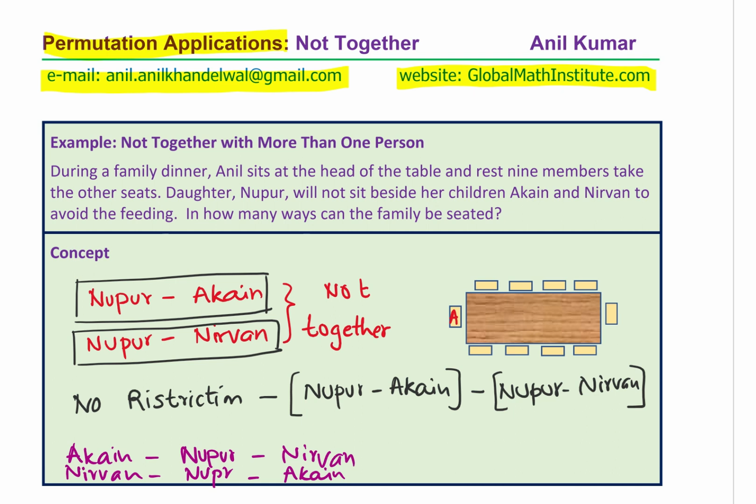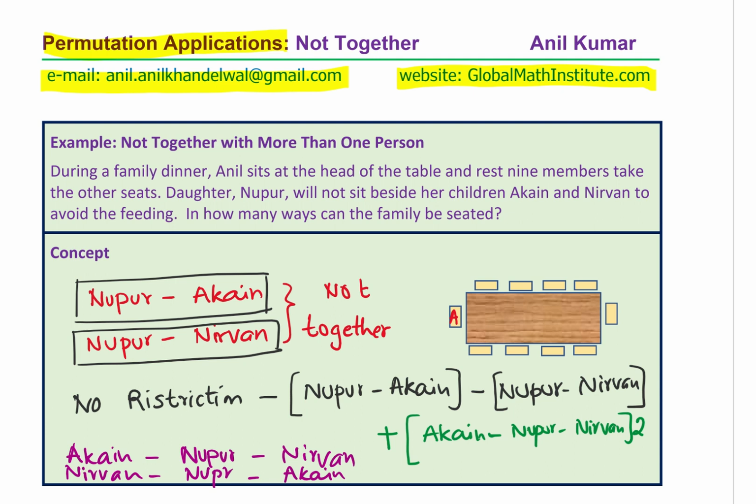When we take away these two cases, we also take away this particular case twice. Therefore we need to add this case, Akain, Nupur, Nirvan together, and since that happens two times, twice this. You get the idea. Only then we get the correct answer.